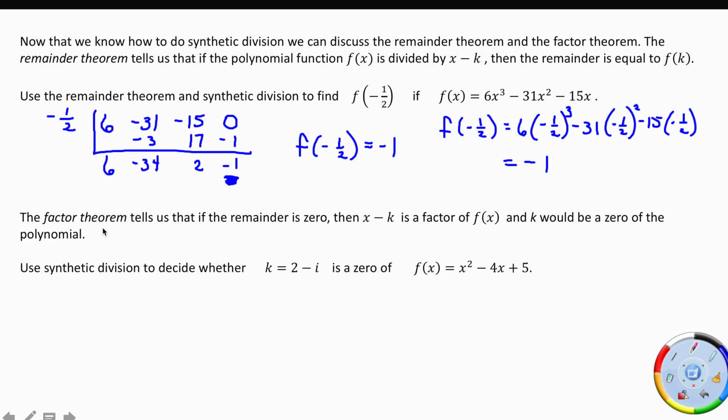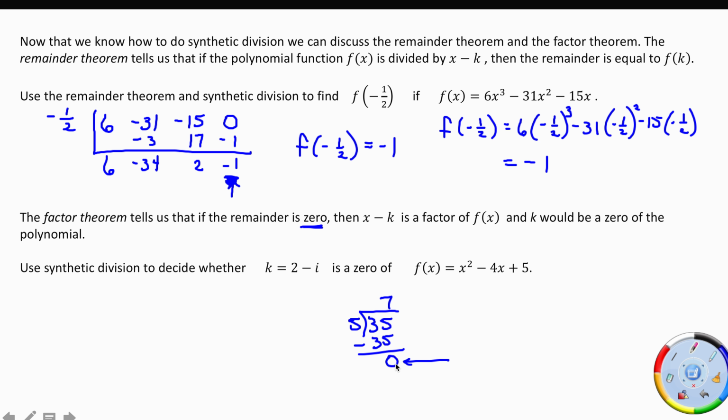The factor theorem tells us that if the remainder is 0, then that means we have found some factors. For example, 35 divided by 5 is 7, with a remainder of 0.